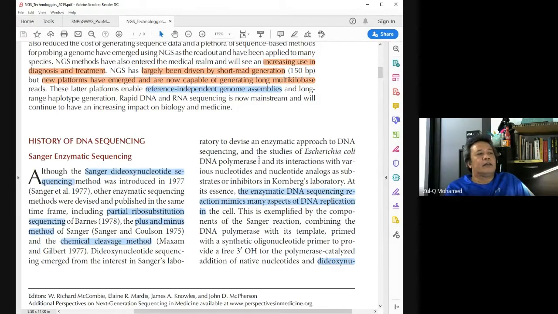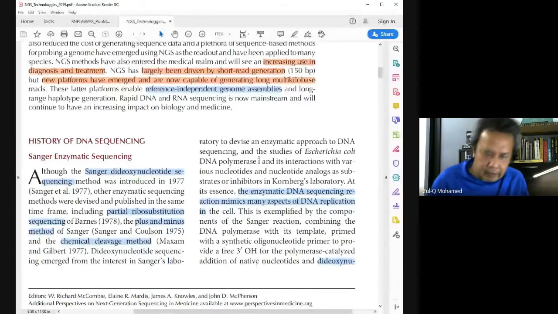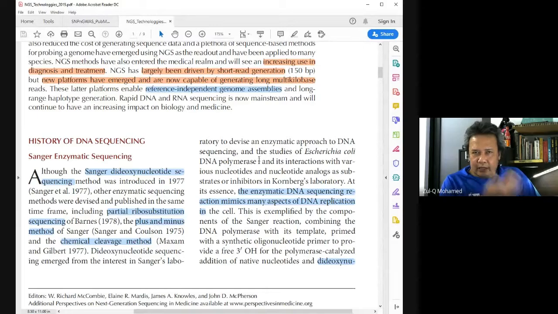All right. And then comes cycle sequencing. I think I put up a video on that one, cycle sequencing. And then this is again superseded by automated sequencing.